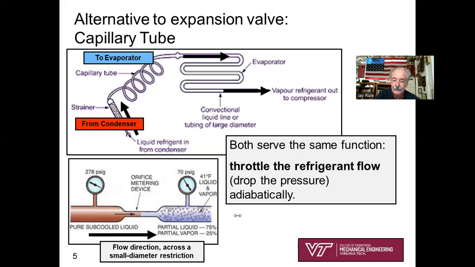The pressure drop, the throttling process, and let's see how come that works. I think that covers that slide, and keyword throttling the refrigerant flow, dropping the pressure, keyword adiabatically. So we consider that this capillary tube is fully insulated from the surroundings.